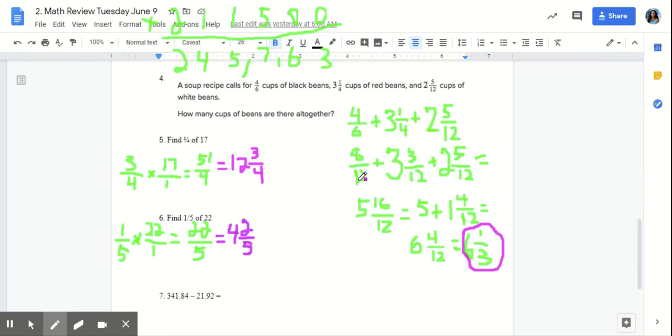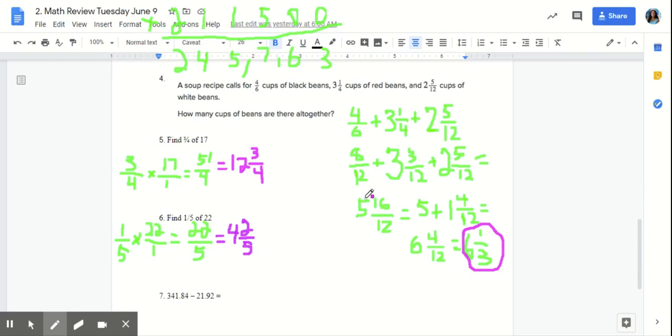So then you had to make sure the entire fraction was equivalent by multiplying the numerator as you would the denominator. So now our new fractions are 8/12 plus 3 3/12 plus 2 5/12. We add those all up together.